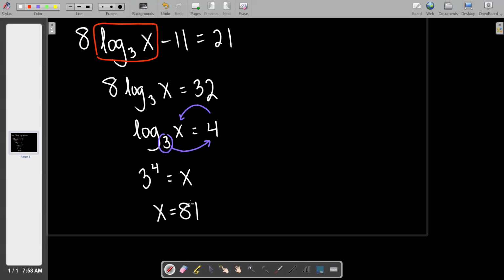With log equations, we have to be aware, and this will be with us for the rest of this week and the first couple of days of next week, that logs cannot have negative arguments and they cannot have 0 arguments. So if I had gotten an answer like x equals -2, I would say that this equation has no solution.